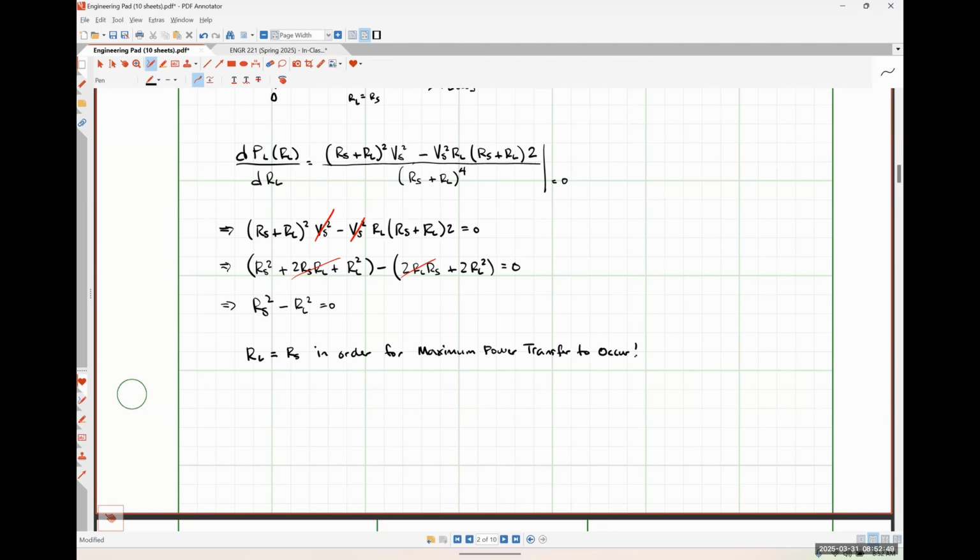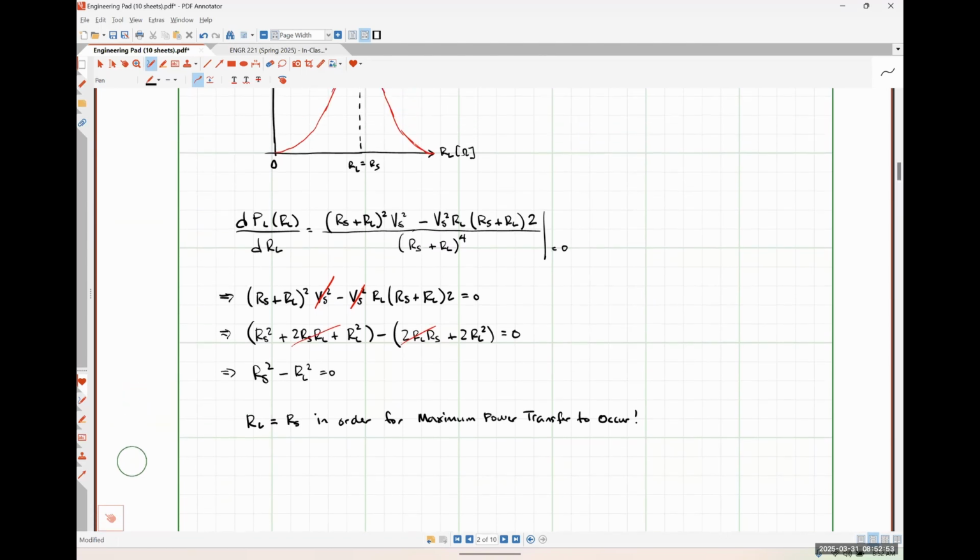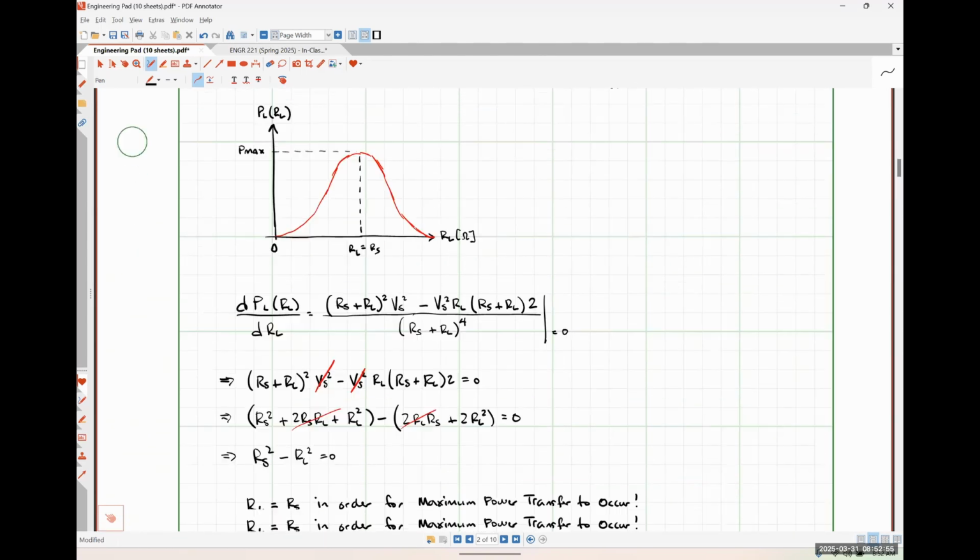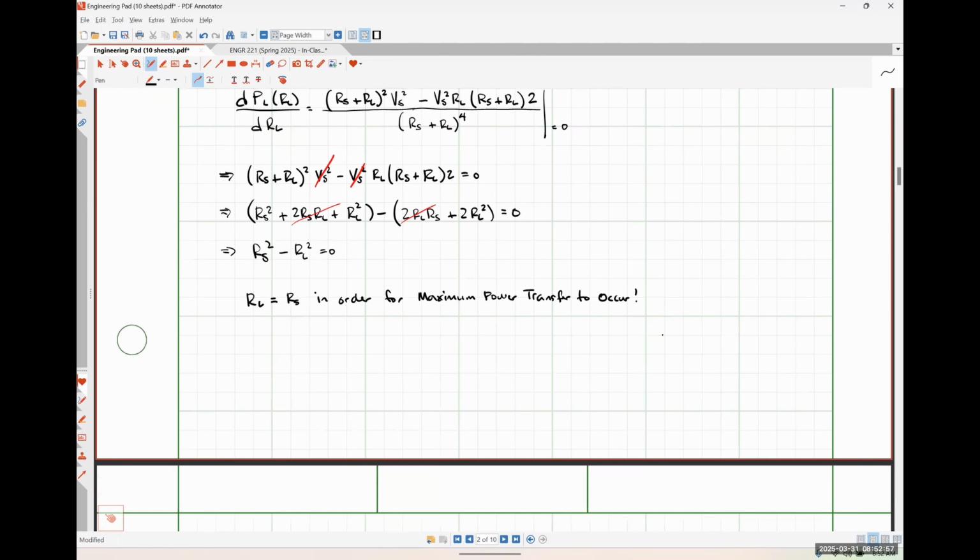Okay, so if I plug this result into my power equation up here, I know that PL was equal to VS squared RL over (RS plus RL) squared. Maximum power occurs when RL is equal to RS.